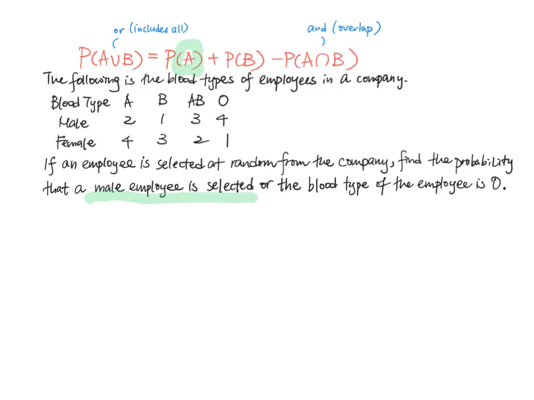As you can see, these 4 are the possibilities, right? And let event B be the event that the employee's blood type is O, so that is these 2 possibilities, right?